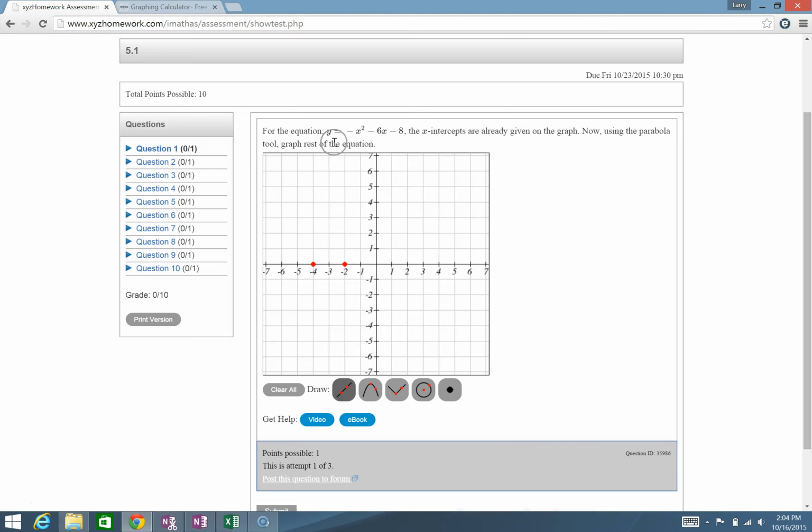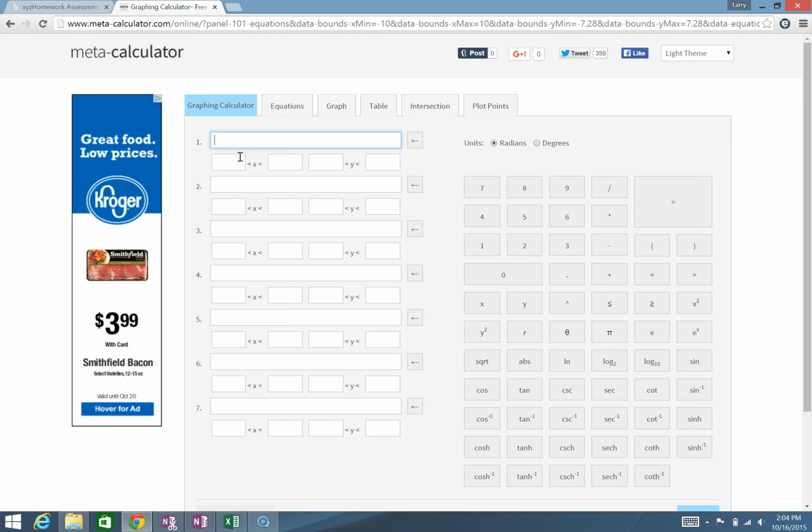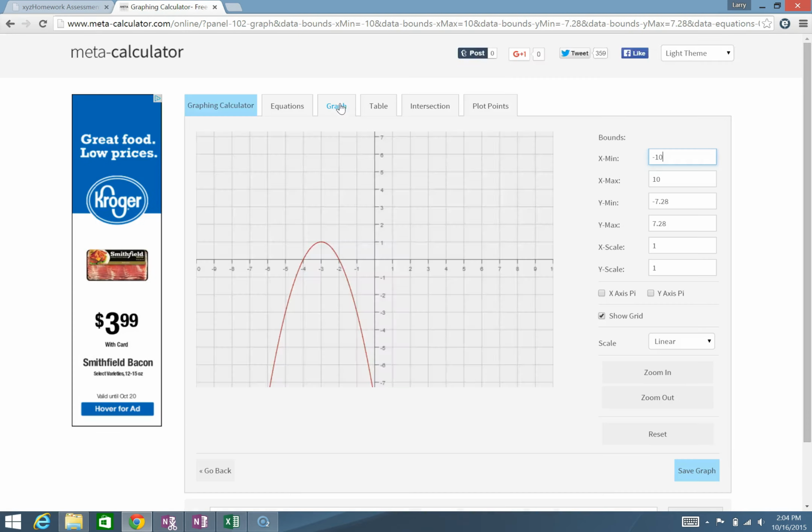So I'm going to type in the equation y equals negative x squared minus 6x minus 8. Then I can hit graph.